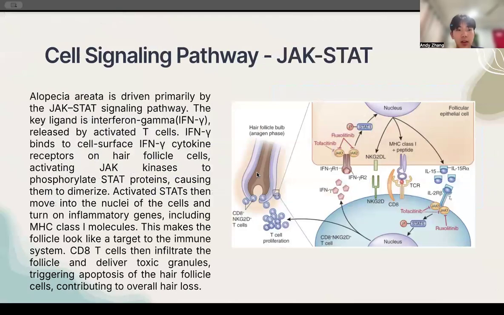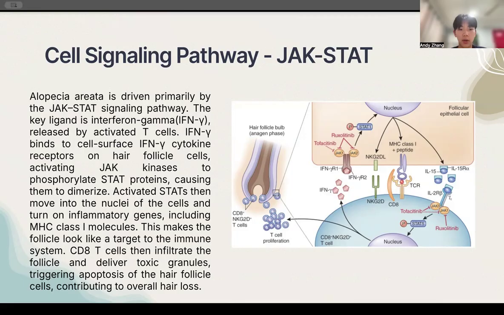And then, the main cell signaling pathway for alopecia is the JAK-STAT signaling pathway. In this pathway, the key ligand is interferon gamma, which is released by activated T cells.